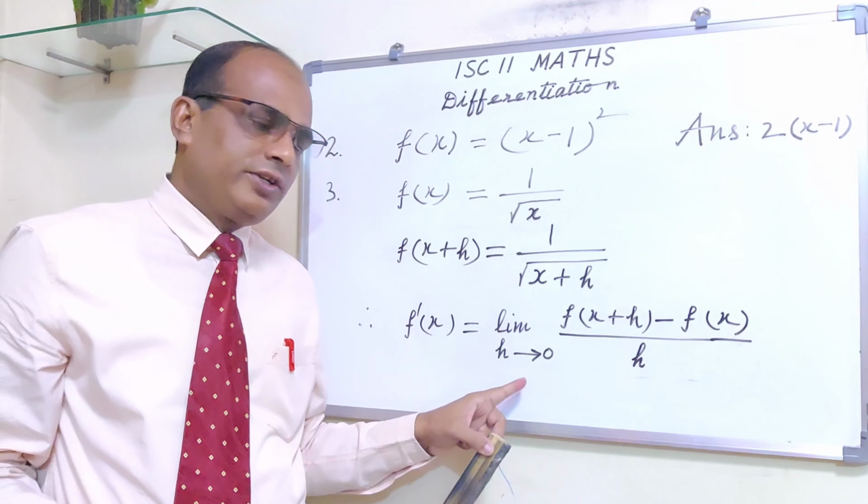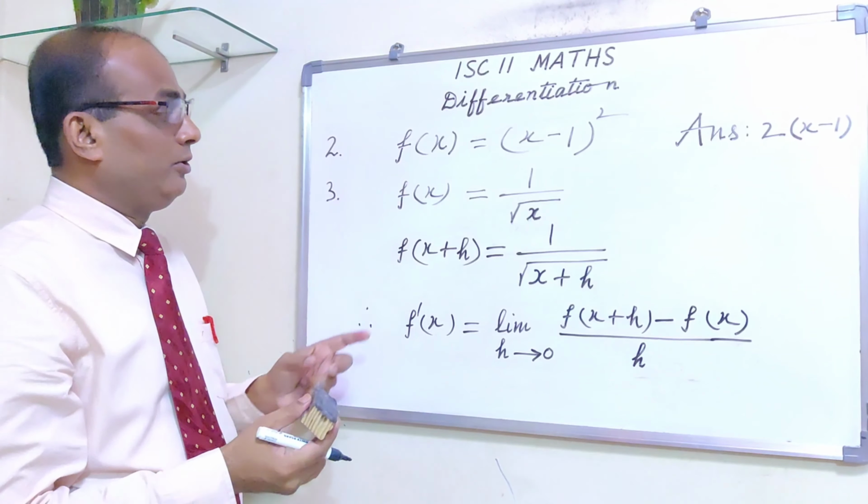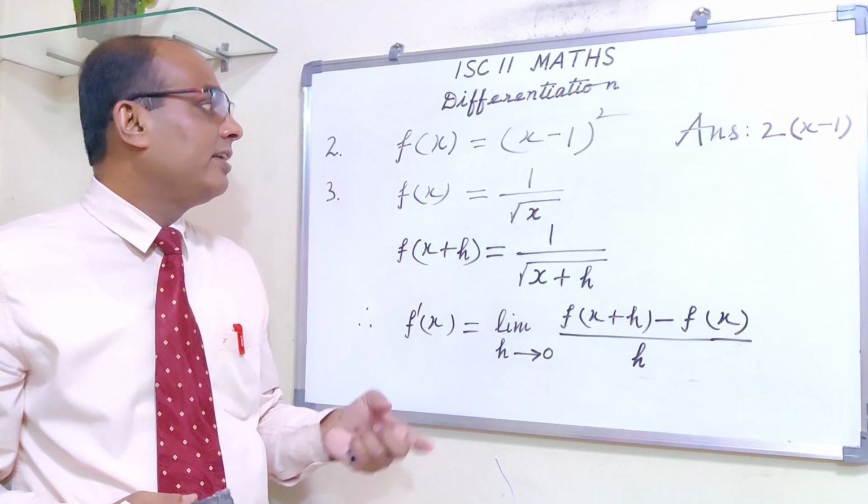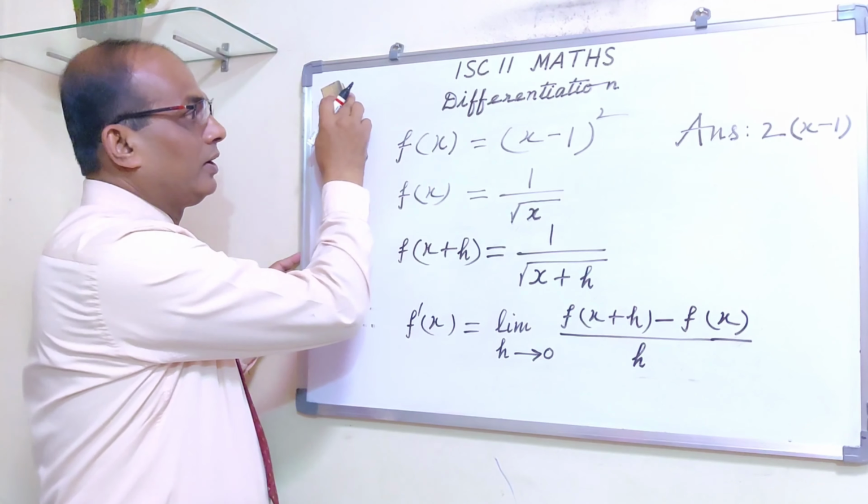Limit h approaches 0, h tending to 0. Now let's substitute the values. f(x plus h) is this, f(x) is this, and then let's simplify.